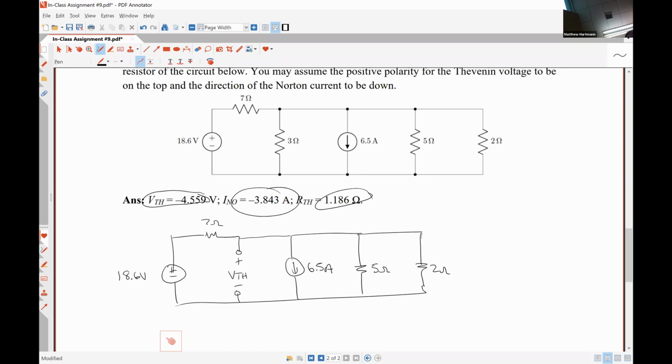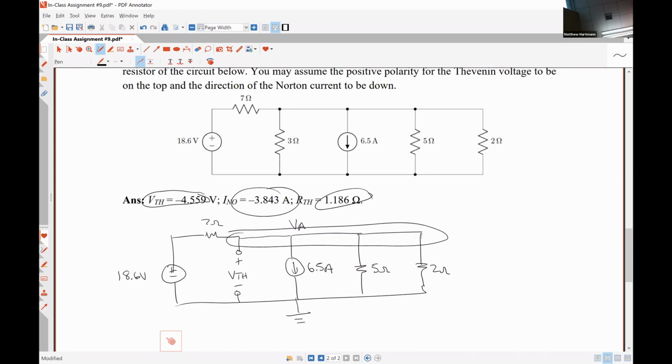I said that my reference node was down here, and this node had a nodal voltage of VA. So what is the nodal voltage associated with the positive polarity terminal of VTH? Oh, that's because it's VA right there. Right, and the nodal voltage associated with the negative polarity terminal is ground. So VTH is VA minus 0, or VTH is VA. Okay, thank you very much. No problem.